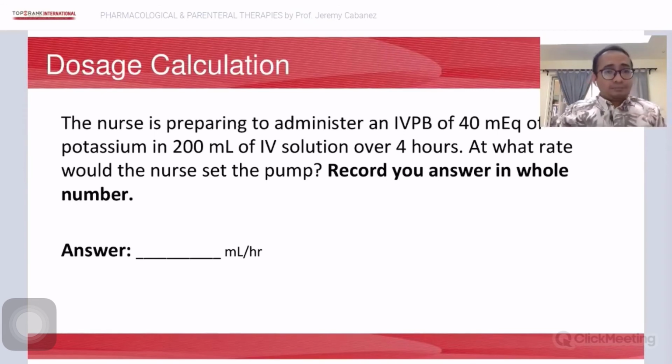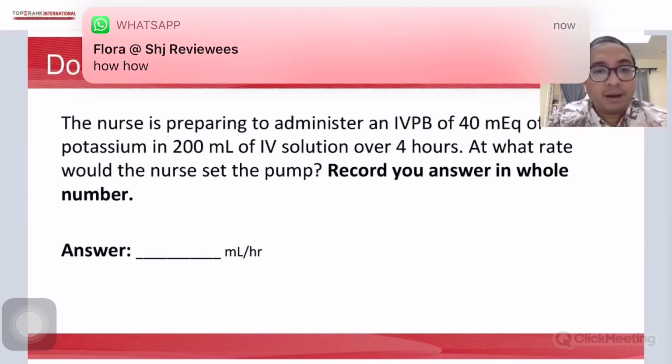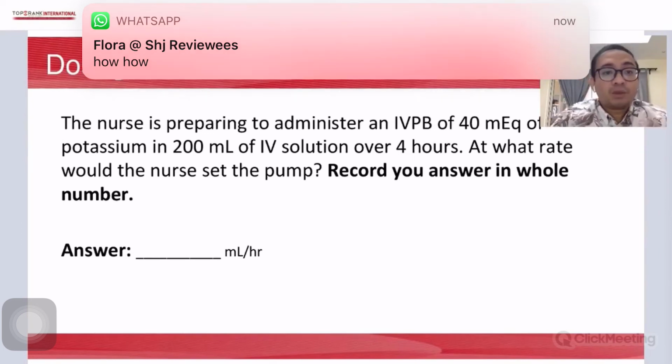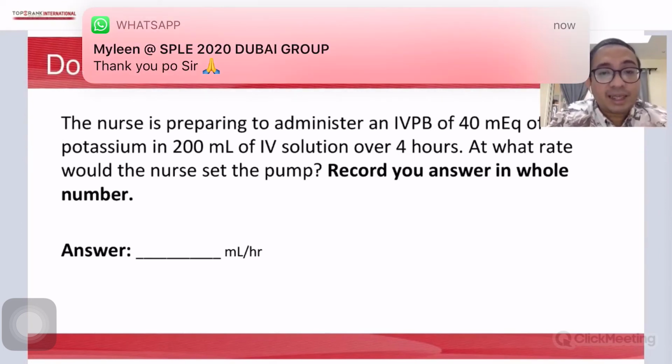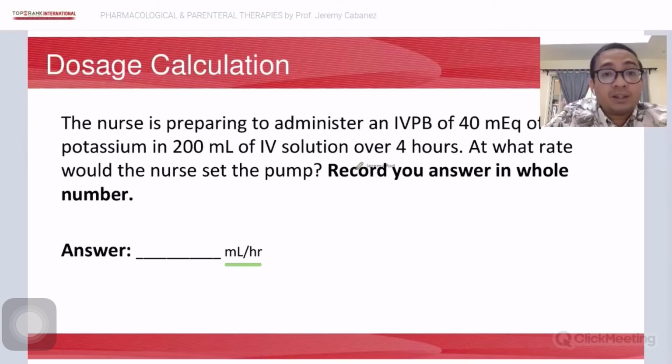Next question tayo. The nurse is preparing to administer IV piggyback of 40 mg of potassium in 200 ml of IV solution over 4 hours. At what rate would the nurse set the pump? Okay, so tinatanong po sa'yo dito, you set the pump is the ml per hour. What's the formula to get ml per hour?